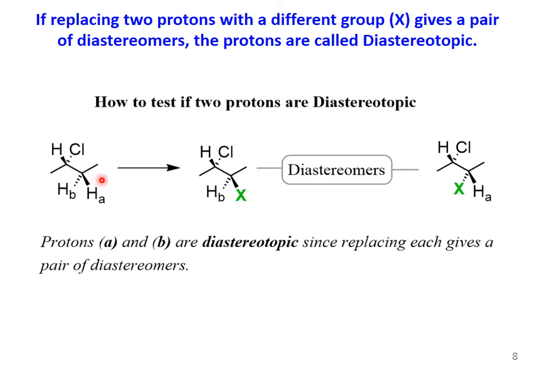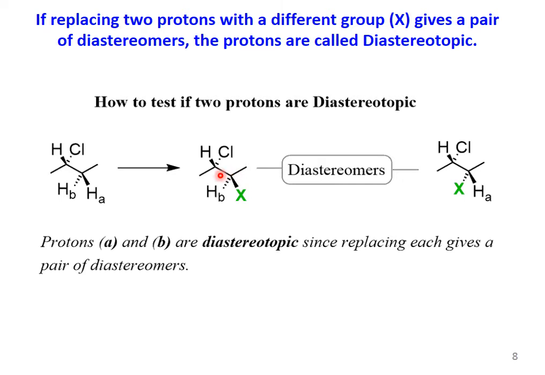This substance and this structure both are diastereoisomers, hence protons A and B are diastereotopic since replacing each gives a pair of diastereoisomers. हम दोनों में से किसी एक को replace करेंगे, then we will get a pair of diastereoisomers because the compound already contains a nearby chiral center and another chiral center is generated, and when we calculate the configuration, we will observe different configurations at different chiral centers.